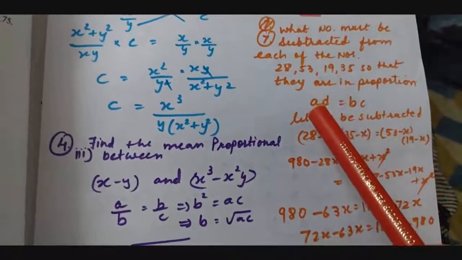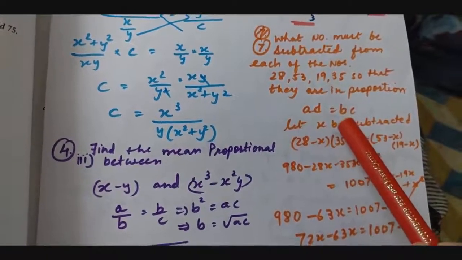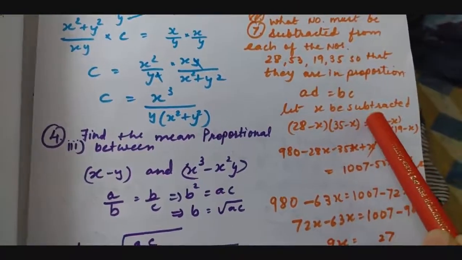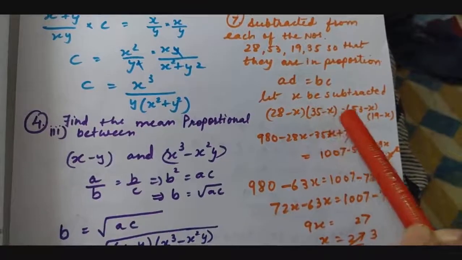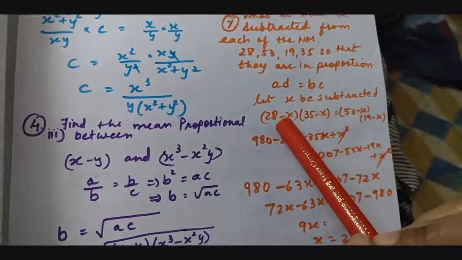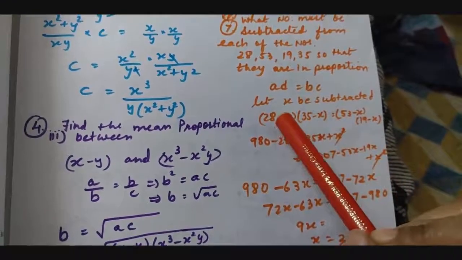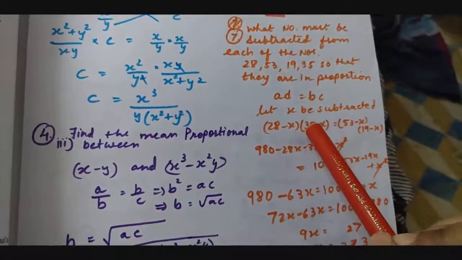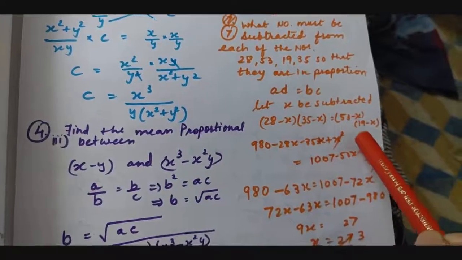So here we use our theory, product of extremes is equal to product of means. Now let x be the term which is subtracted. So I am subtracting x from each of the 4 numbers and taking them as AD is equal to BC. Now A is my first term, D means 35, the last term, B means second and C means third.